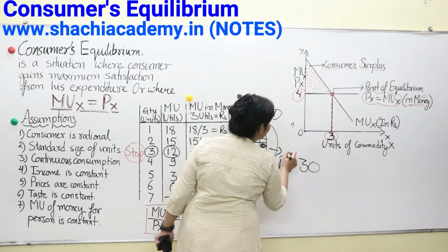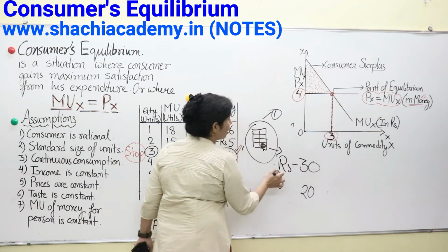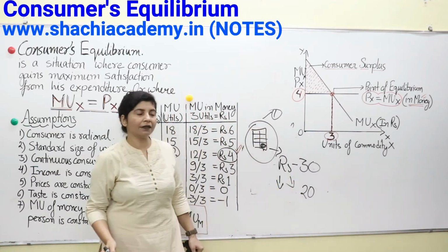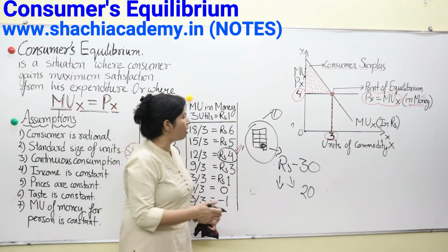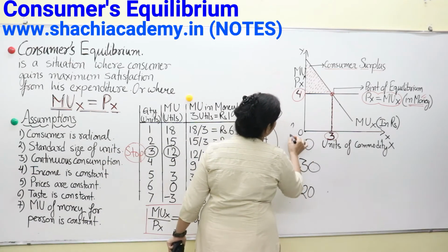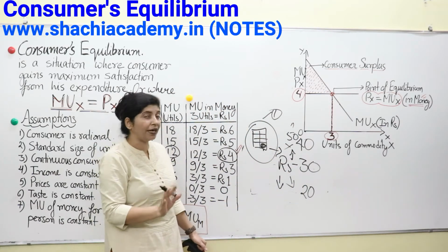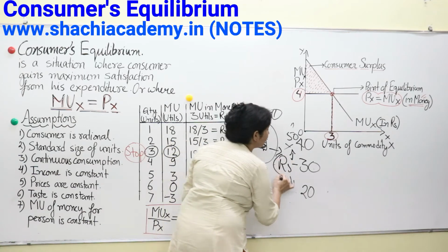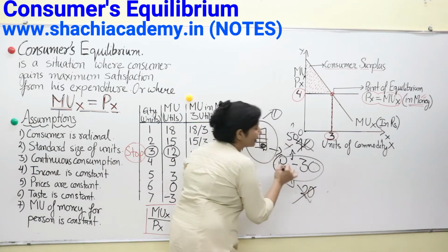Otherwise, if it decreases to 20 rupees, then what will happen? The real value of our money will increase. Or if its price increases to 40 or 50 rupees, we will stop consuming it instantly. We will not consume or purchase it. So the price remains constant. It is unchanged. It does not increase or decrease.